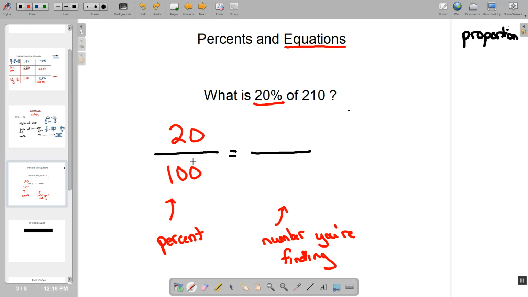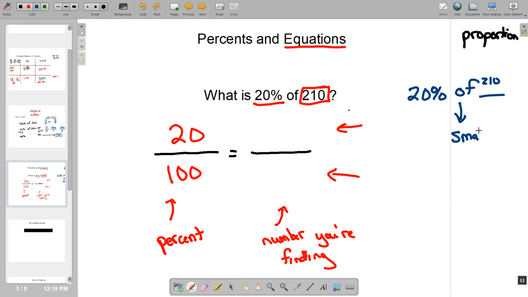But the number you're finding, this is the part that's easy to mix up. 210 is going to go either in the numerator or the denominator of our second fraction. But what I want you to think about is if we are finding 20% of something, which in this case is 210, that has to be smaller than what we started with. Because the answer is going to be smaller, we need the x to be across from the smaller number, in this case, 20.